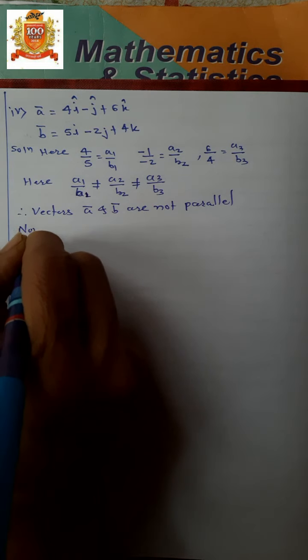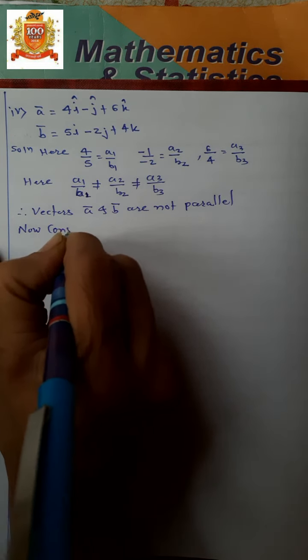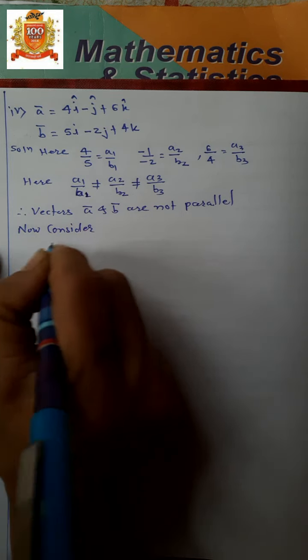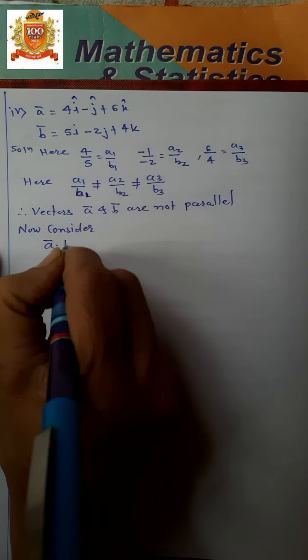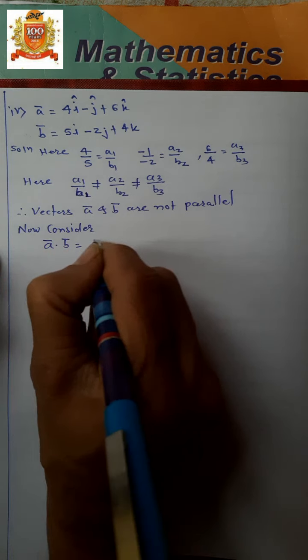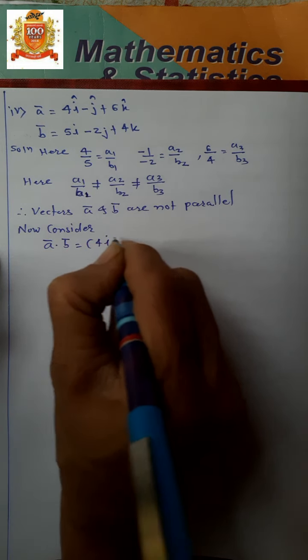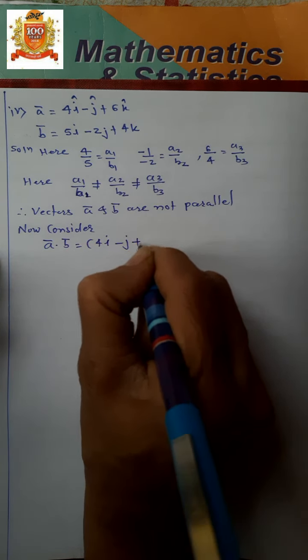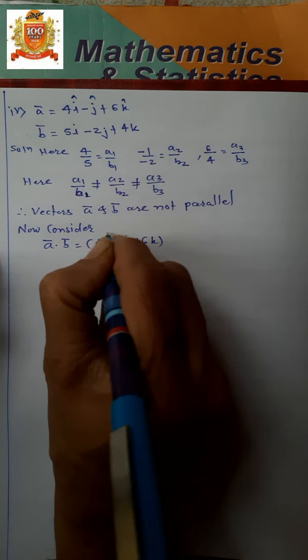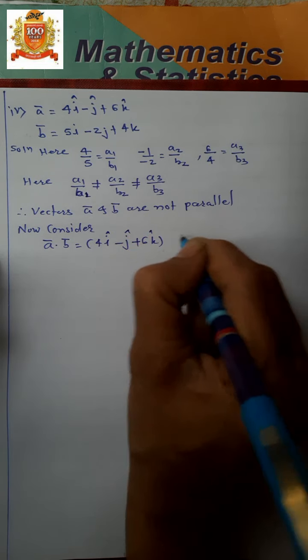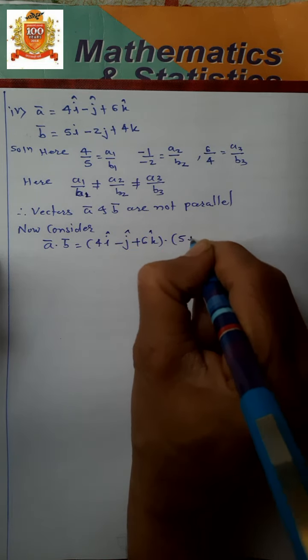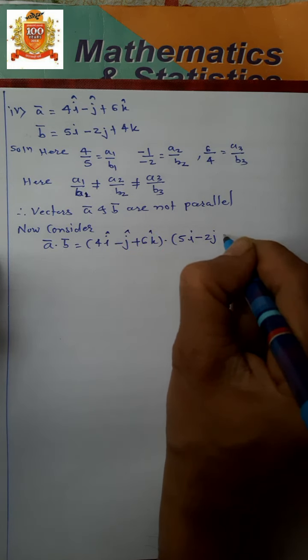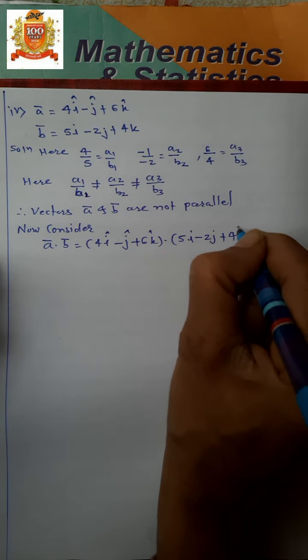Now, consider a bar dot b bar is equal to 4i minus j plus 6k dot 5i minus 2j plus 4k.